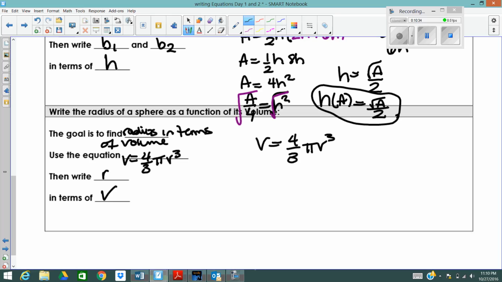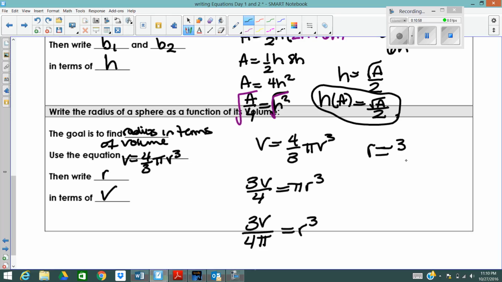So I'm going to multiply by the reciprocal. So we get 3v over 4 equals pi r cubed. Divide both sides by pi, so we get 3v over 4 pi equals r cubed. And now I'm going to take the cube root. So I get r equals the cube root of 3v over 4 pi.